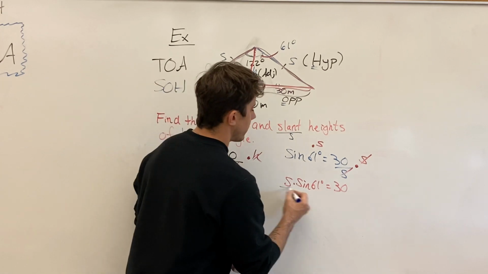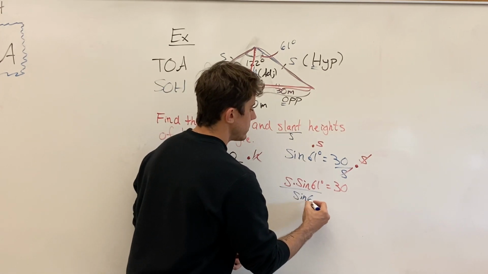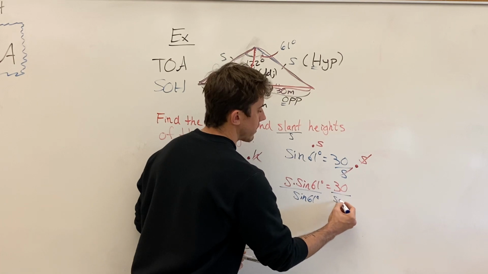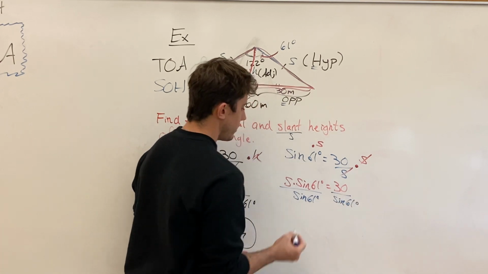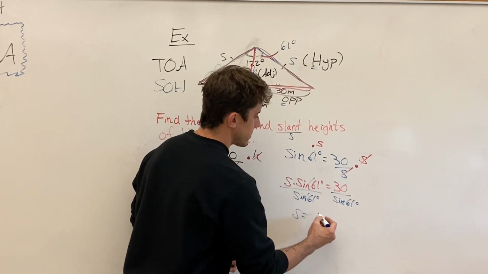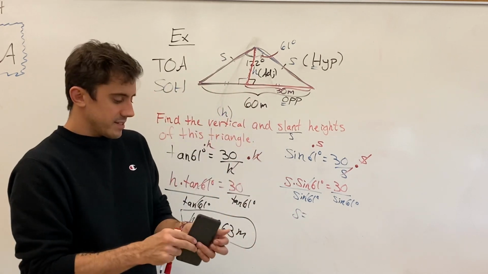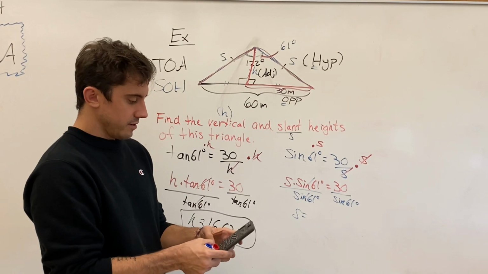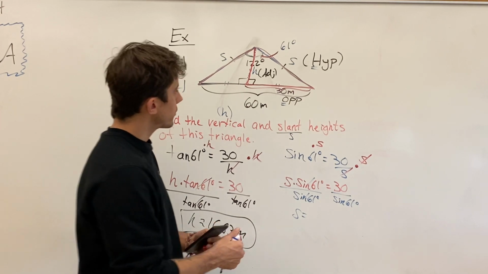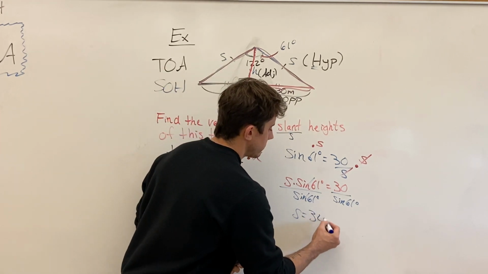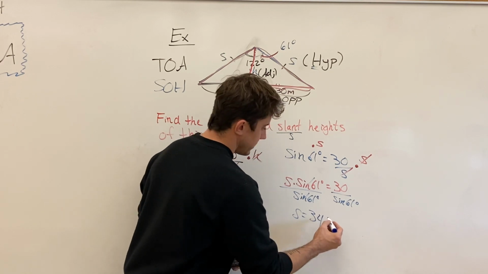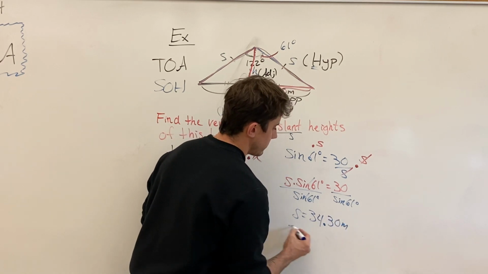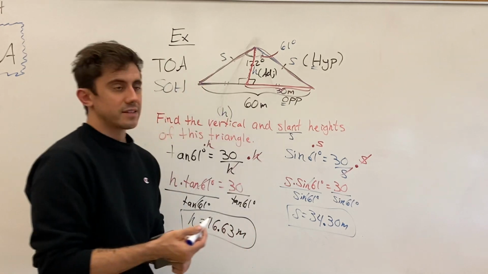So let's go ahead and divide through to avoid having to round a messy decimal. And we find that S is 30 divided by sine of 61, which gives us an answer of 34.30 meters.